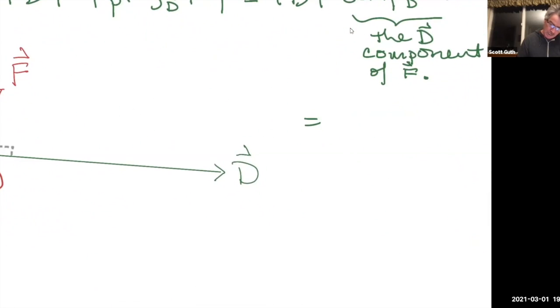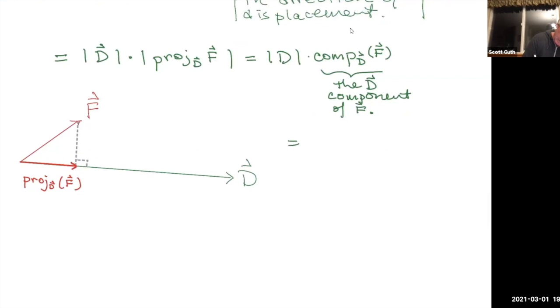Let's go here and say, all right, this is the magnitude of D. And then the D component of F gets to be D dot F over the magnitude of D. Like that. And of course, that scalar magnitude of D is appearing here twice. So we can just cancel that, and just say, this is just D dot F.